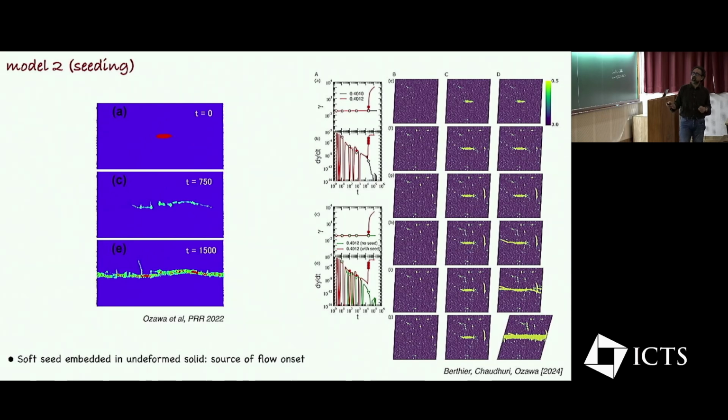So this exercise we have developed further, and we use the sort of thought experiment that Misaki had done earlier, where he had embedded a seed inside the material, which is like a soft zone, a really weak zone. He had applied some shear to that system, and he had seen that this soft zone is the source of the shear band that leads to the failure. We repeat this exercise with the applied stress, and in one case the system does not go into flow, but with an infinitesimally extra amount of stress, the system goes into flow.